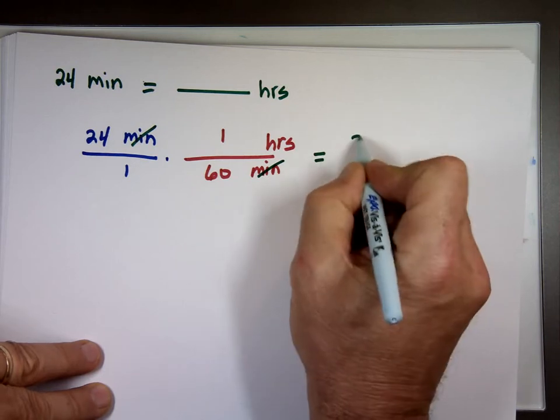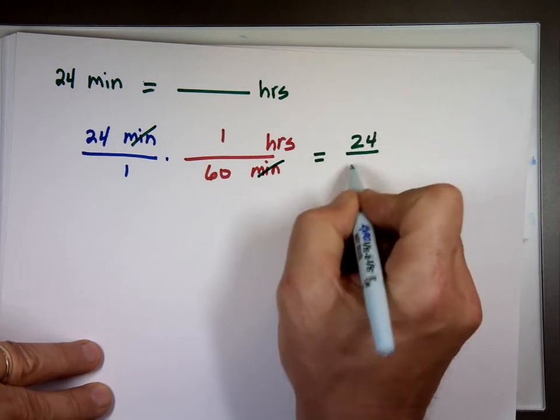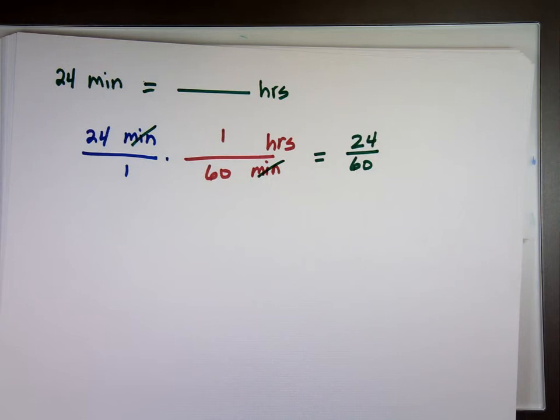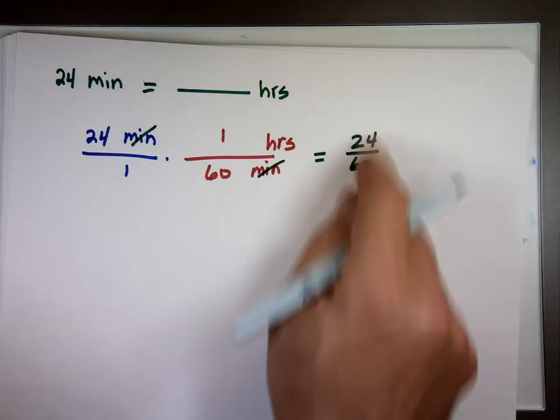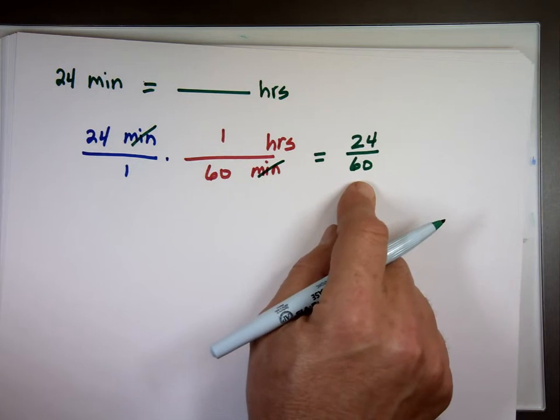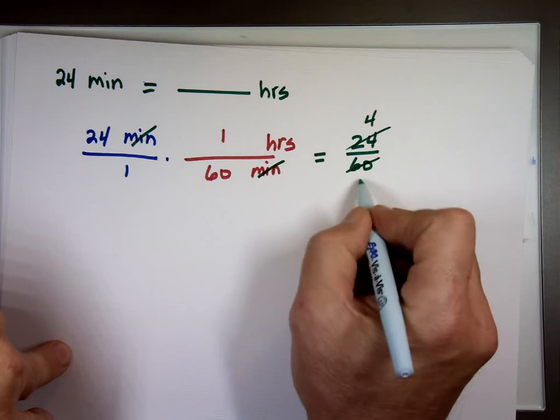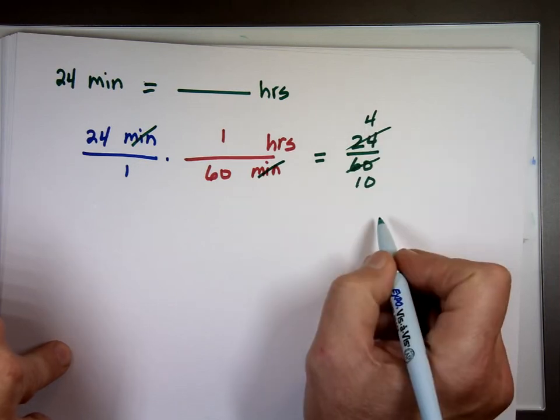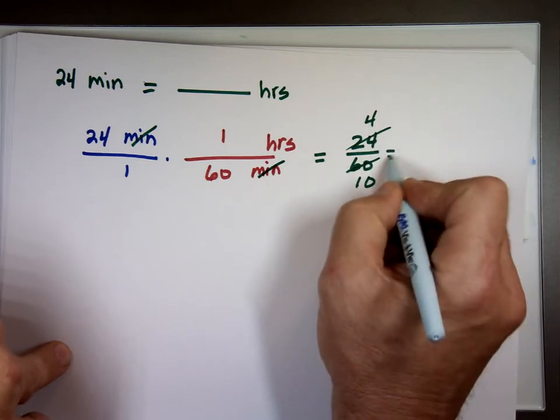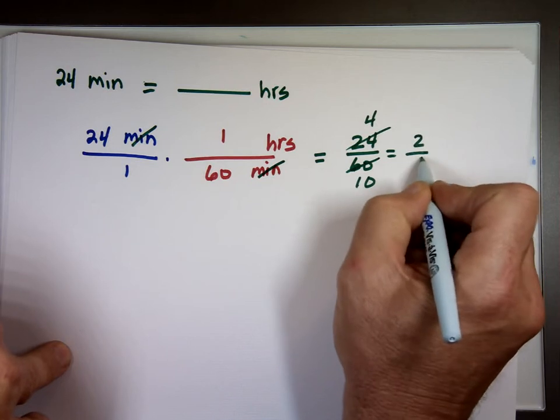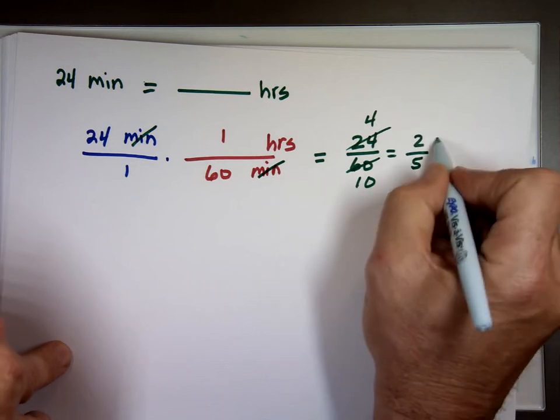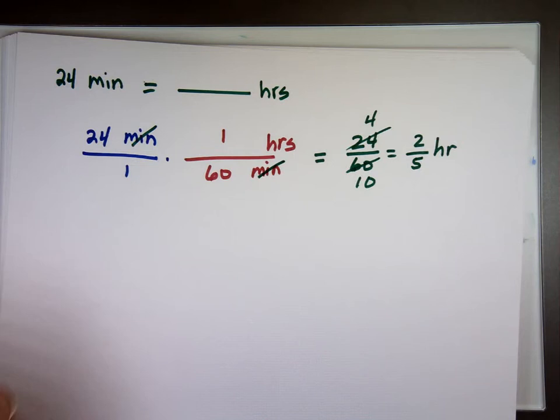24 times 1, 24 over 60. Now can we simplify that? By 6, right? By 6 this is what? 4. By 6 this is 10. Can we simplify again? By 2 that will make it what? How about 2/5, right? 2/5 of an hour. Or 0.4 hours.